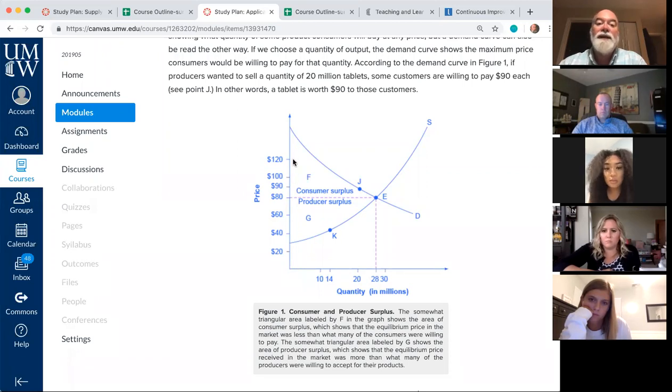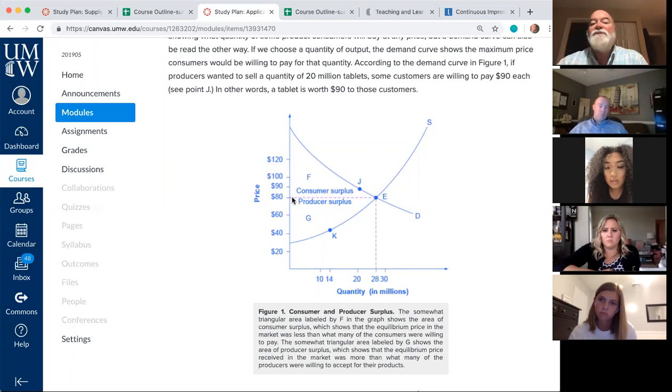You go up to the demand curve, and that tells you the very first unit of output is worth maybe $150. I'm just guesstimating off the graph. The height of the demand curve shows what somebody thinks that product is worth. Now, let's suppose they think it's worth $150. They only have to pay $80 for it. That's a really great deal they're getting.